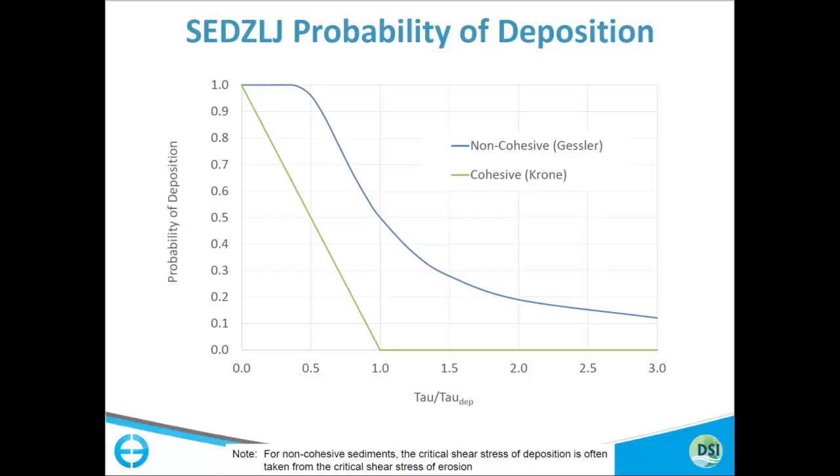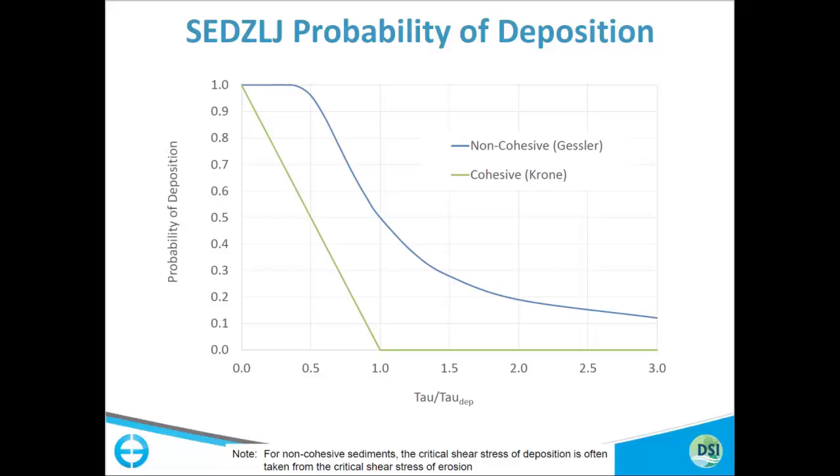This is a probability of deposition plot as a function of a normalized applied shear divided by the shear stress of deposition for that particular size class. This is a ratio, so it's a dimensionless number. It actually doesn't matter, the shape of this curve will always be exactly the same.